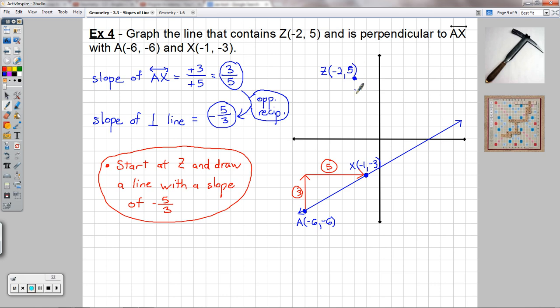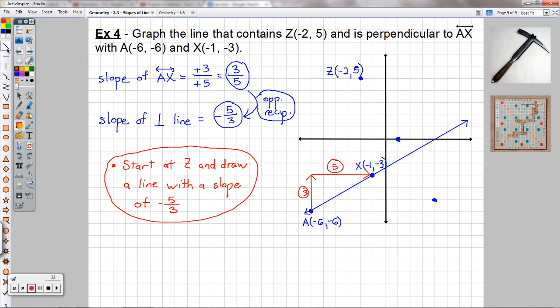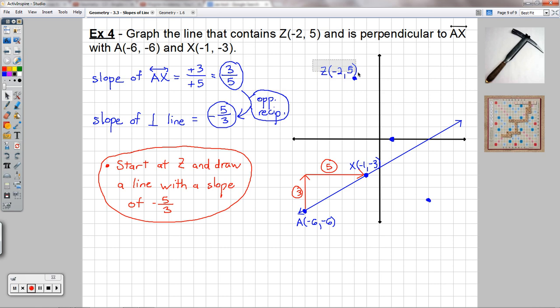So -5, down 1, 2, 3, 4, 5 over 3. 1, 2, 3 would be right here. That pattern would continue. I'll draw in one more point here. 1, 2, 3, 4, 5. 1, 2, 3. Here would be another point. And if we finish our problem up here, we're going to have a line going.